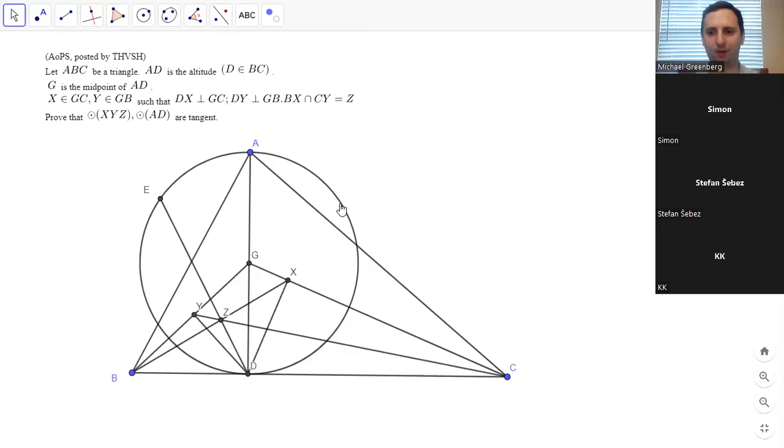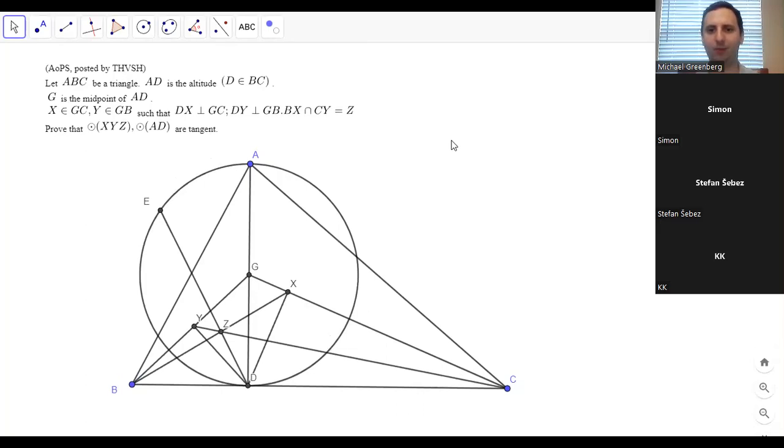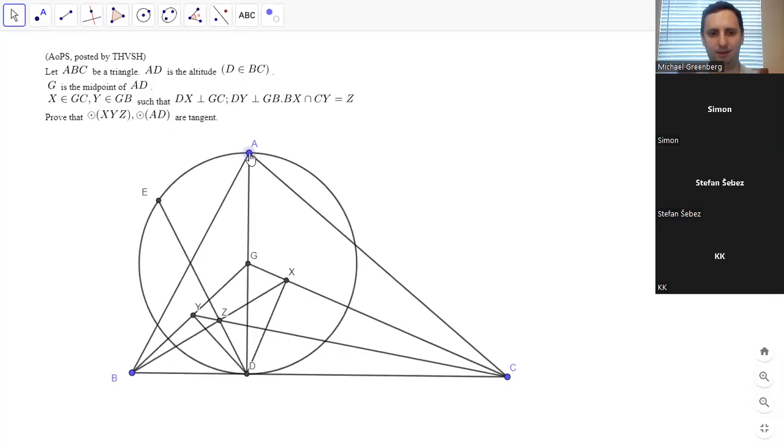So yeah, this is the first problem that we just got started on. And it looks a lot like a problem recently on the channel. So what are some ways to prove it's cyclic? Power of a point.